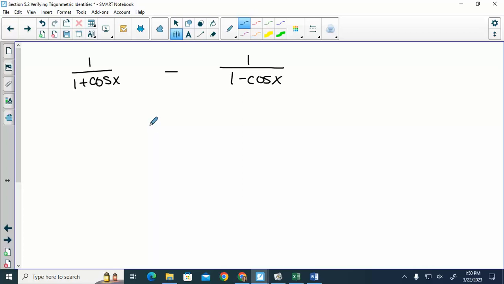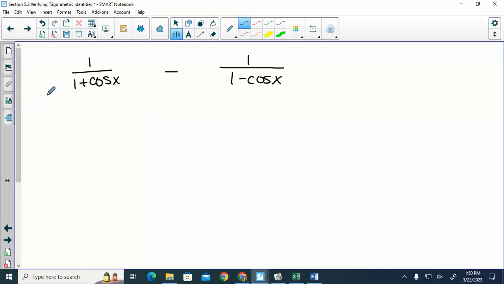We've talked about if you want to add or subtract fractions, what do they have to have? Common denominator. All the ones we've done so far, luckily, already had that common denominator and we were able to put them together. But in algebra, we know sometimes things didn't, and we could get a common denominator.